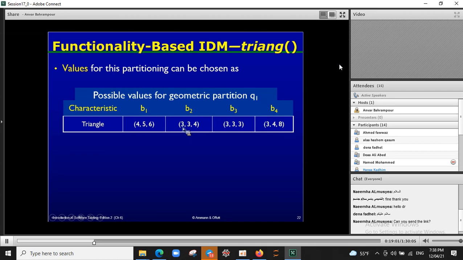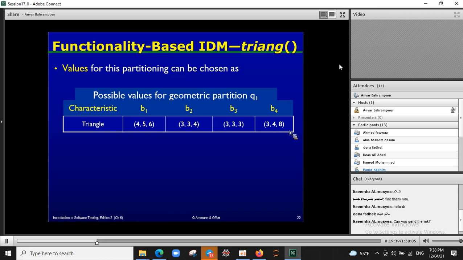This is just an isosceles triangle because 2 of them are equal. The first side and the second side are equal, so this makes an isosceles triangle. And this is an equilateral triangle with the same value for all 3 sides. And this is an invalid triangle because the first side plus the second side is 7, and it is less than the third side.